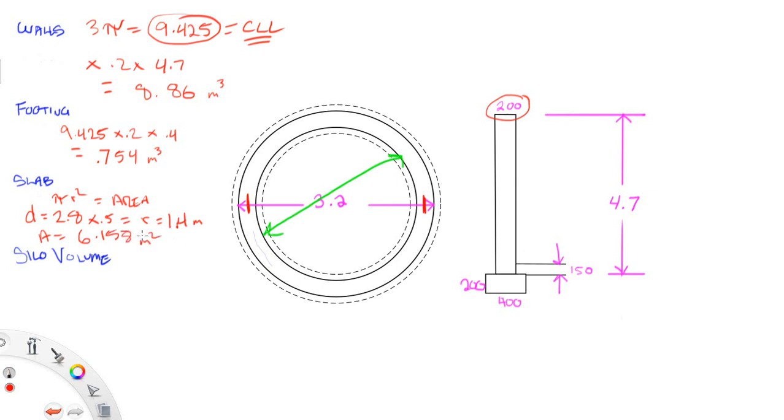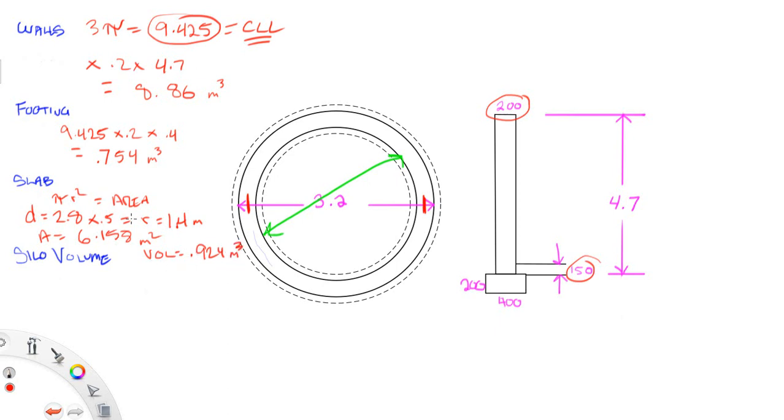Now that we have the area, we simply multiply this by our slab thickness, which is 0.15. Multiplying by 0.15, the volume for our slab should be 0.924 cubic meters. All right.